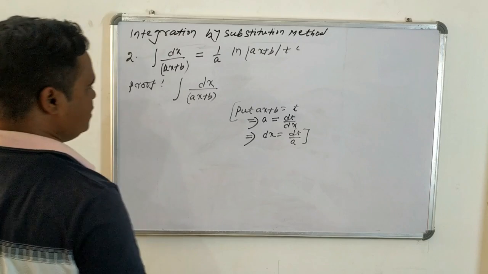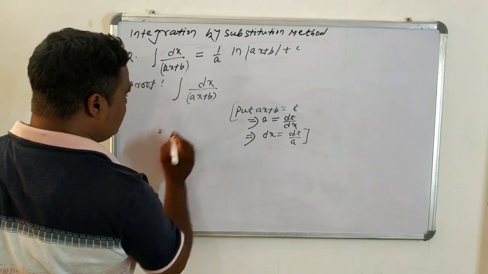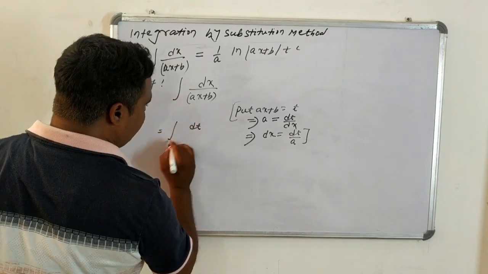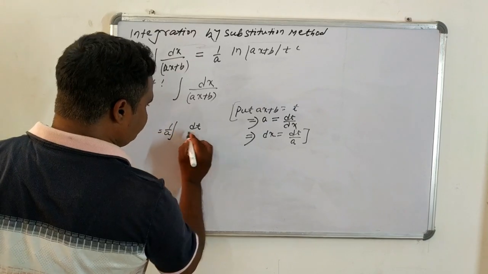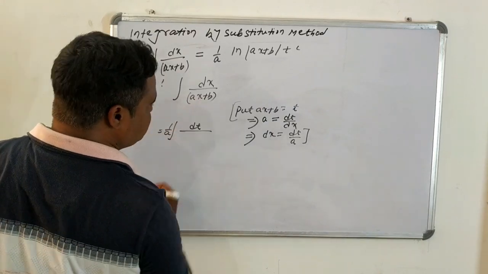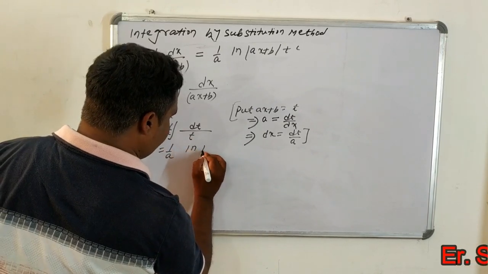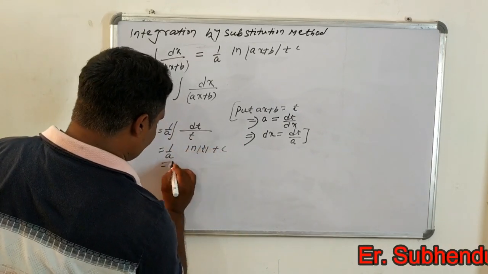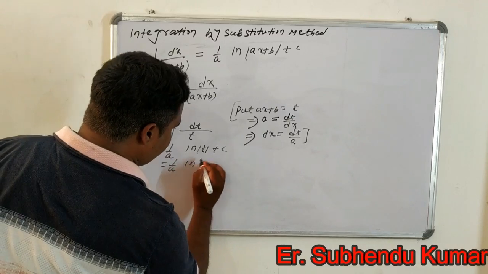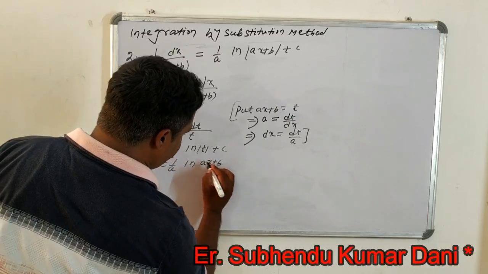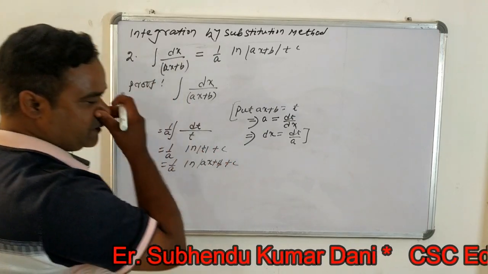Substitute this value in the integral. So dt by a, that means 1 by a times 1 by t, gives 1 by a ln t plus c. Now put the value of t, which is ax plus b, so the result is 1 by a ln of ax plus b plus c.